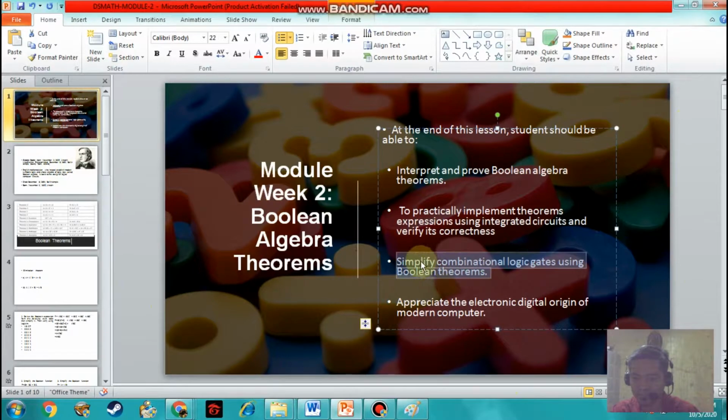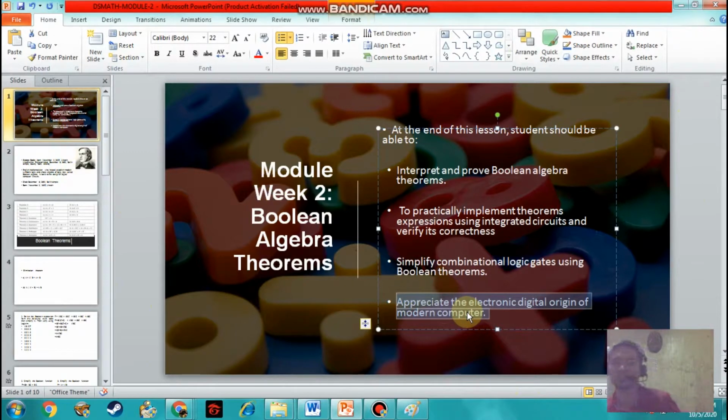Tapos, nakapag-simplify din tayo. And then, na-appreciate din natin yung origin ng digital modular circuit because of the help of the scientists na yung tatlo nag-create nag-invento ng transistor plus si George Boole para ma-simplify ang digital circuits. No? Katulad ng kanina, ilang gates yun? Siyam versus tatlo. So, ganun siya na-simplify.